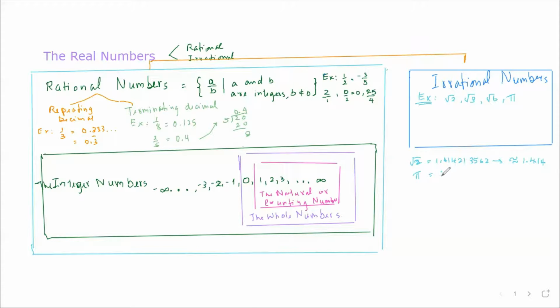Same thing with pi, which is 3.14, right? Actually 3.14159 something, and it keeps going to 654 like this, and the numbers keep going without repeating.